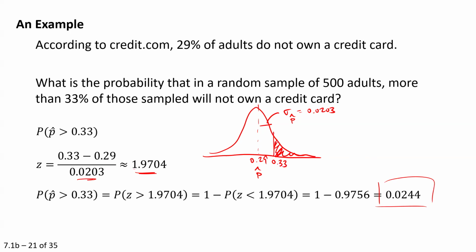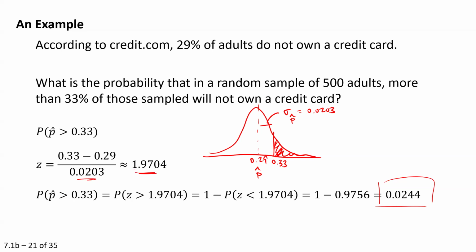So let's be clear on what we just found here. We talked to 500 adults. Is it possible that we're going to get 33% or more of them saying they don't own a credit card? We're talking to 500 adults.